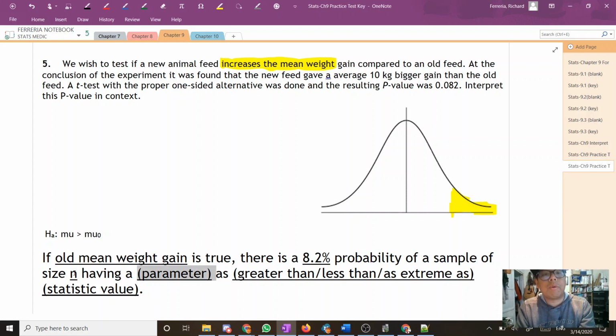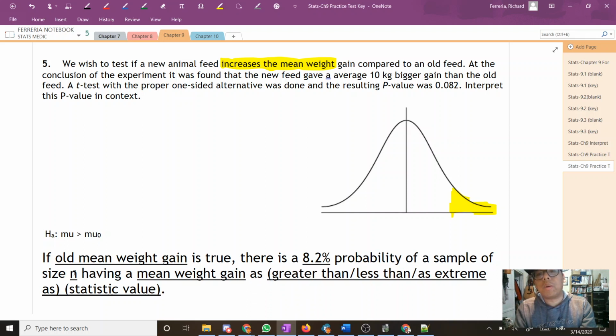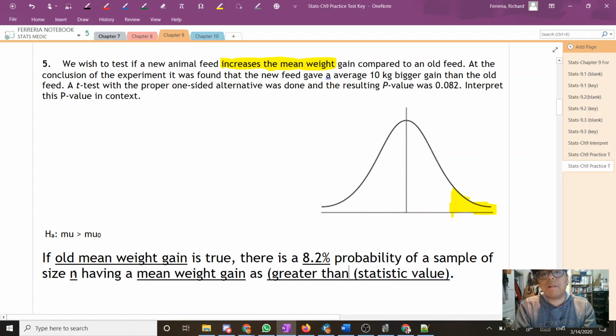Having a, what parameter is this? This is a 10. Having, well, let's read through that. If the old mean weight gain is true, there is an 8.2% probability that the sample of n having a mean weight gain greater than the statistic value.